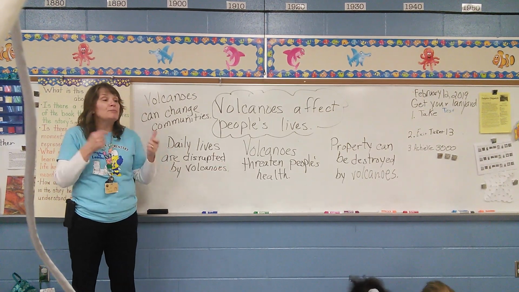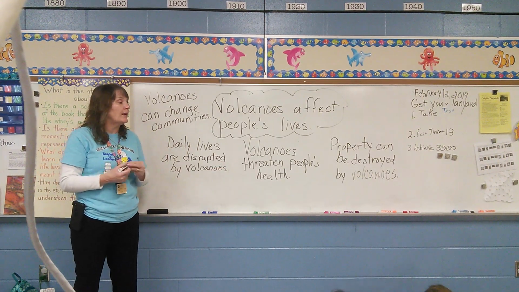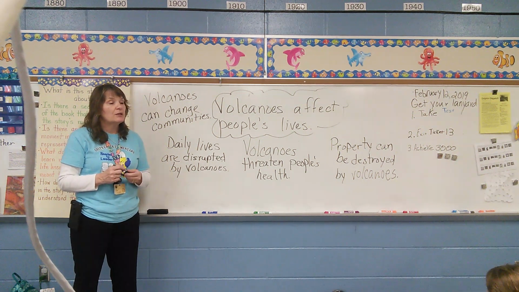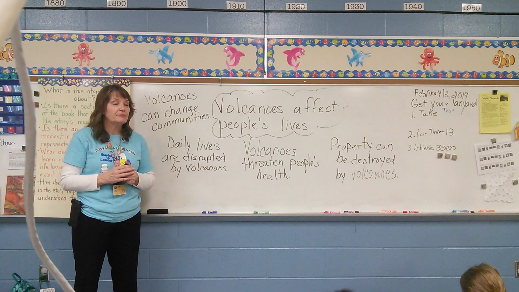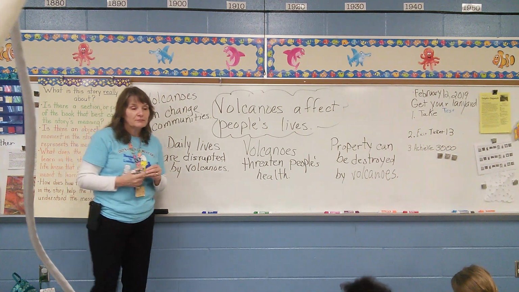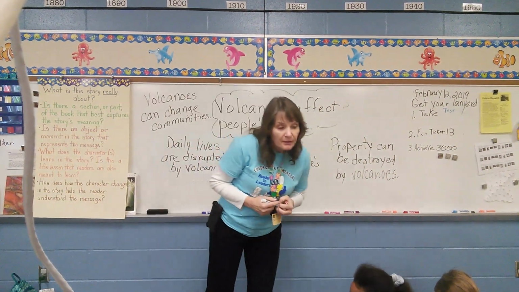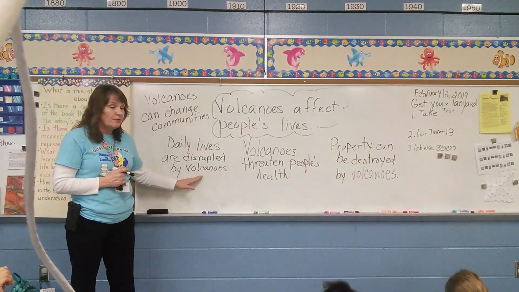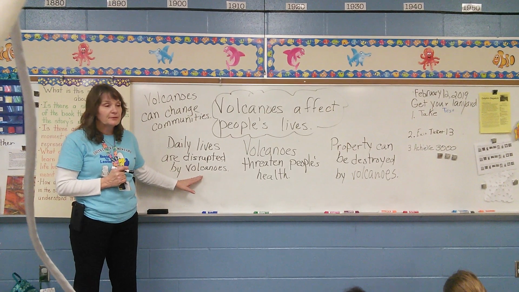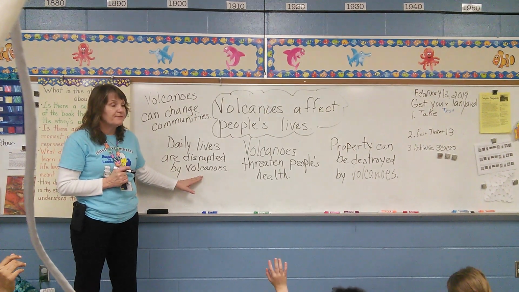And then when you go to put your bullets on your plan, what should that look like? Faith, what should that look like when you go to put your bullets on your plan? She said they should be full sentences too. Anybody have a different idea?